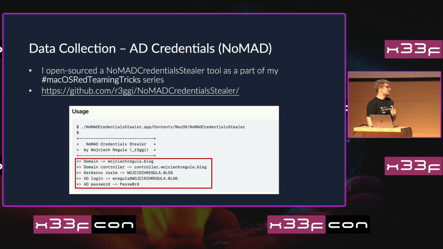In the Nomad case, these entries will be your AD login and AD password. So again, without any additional prompt, without root permission, you run this tool, and if somebody uses Nomad, it gets the AD credentials.